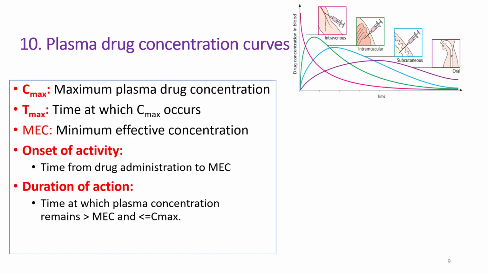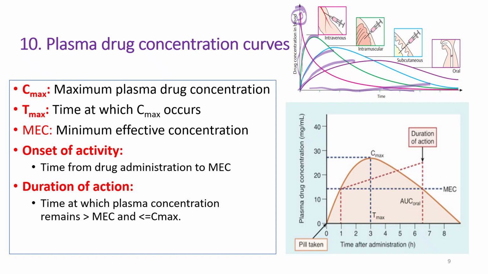The y-axis is the plasma concentration and the x-axis is the time. Intravenous starts from 100% and is slowly metabolized and excreted, whereas intramuscular may have some absorption, subcutaneous has some absorption, and oral has absorption, whereas with intravenous there is no absorption.